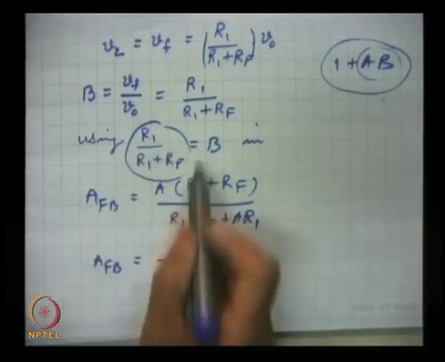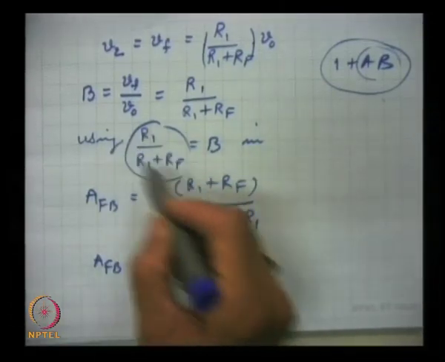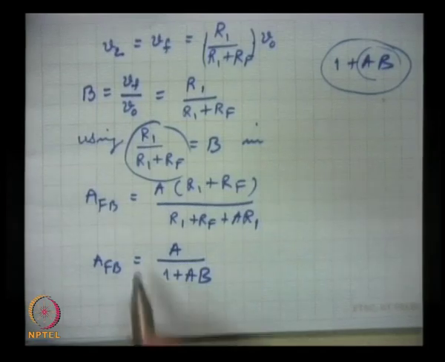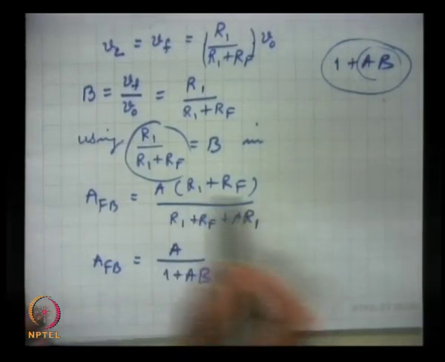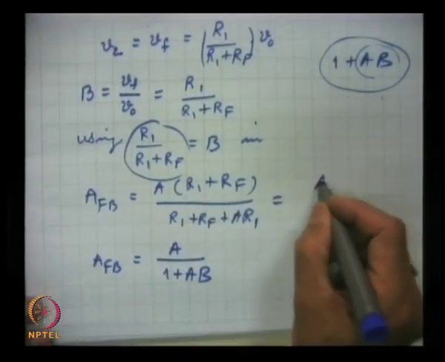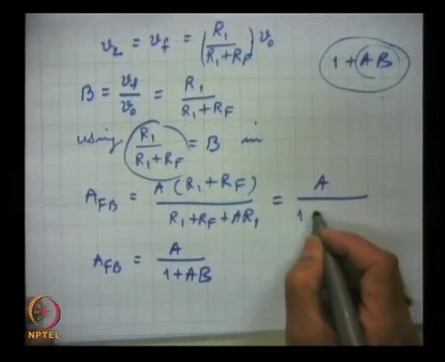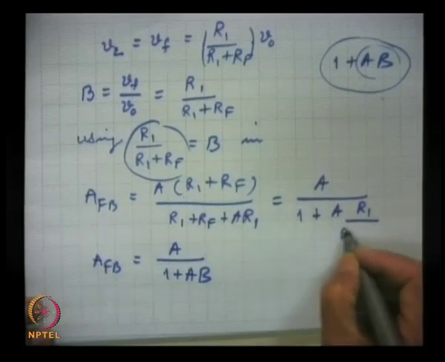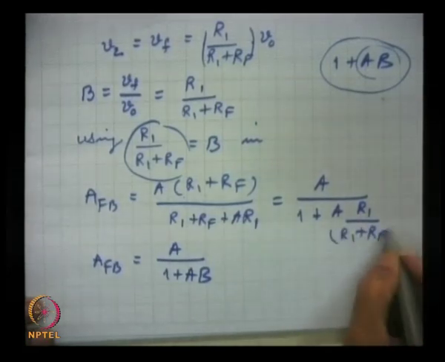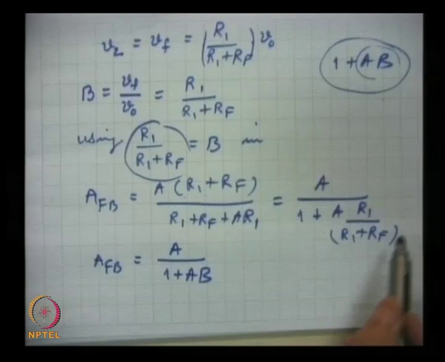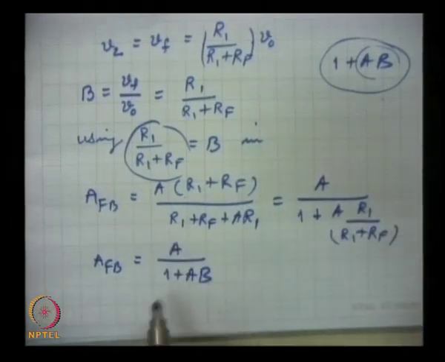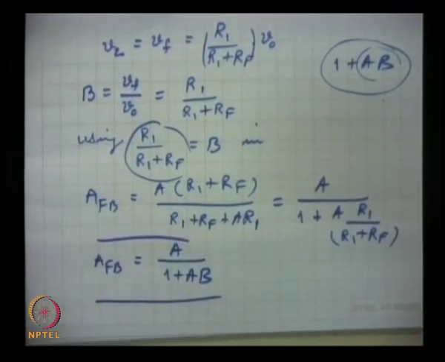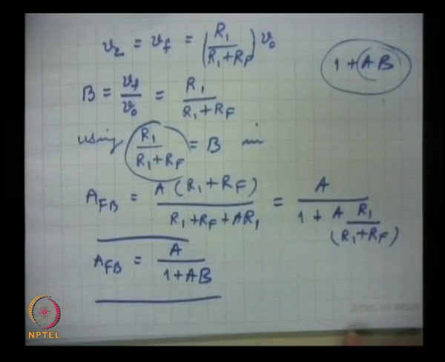Just substitute like this. We divide by Rf, so this is A by 1 plus A R1 over (R1 plus Rf), which is B. So this is the expression for a voltage amplifier with the negative feedback.